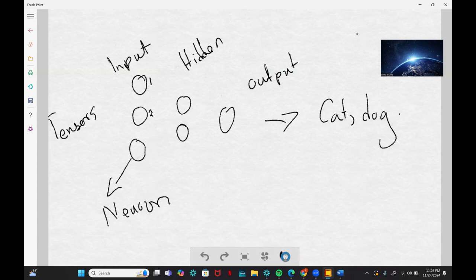Let's say the bias of this neuron specifically is 6, and the bias for this one is 7. Mind you, they're not going to be nice numbers like 1, 2, 3, 4, 5, 6, 7. You're probably going to get something like 0.004, or some crazy decimal number.